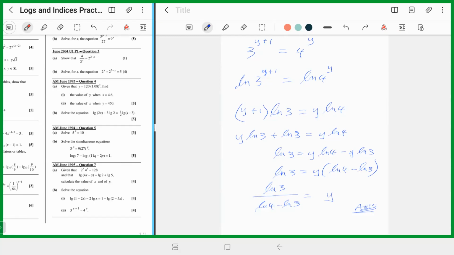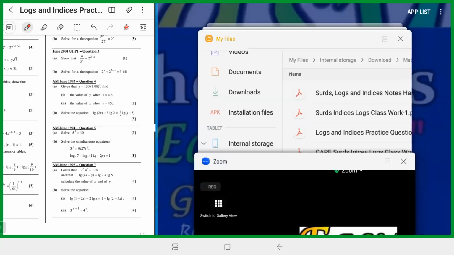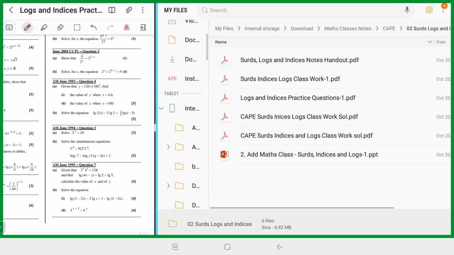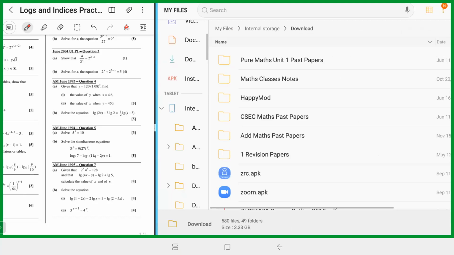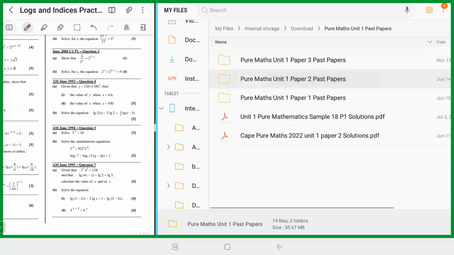Anyway, let's jump on some past papers now. Pure Maths Unit 1 past papers. We're going to do some paper twos.